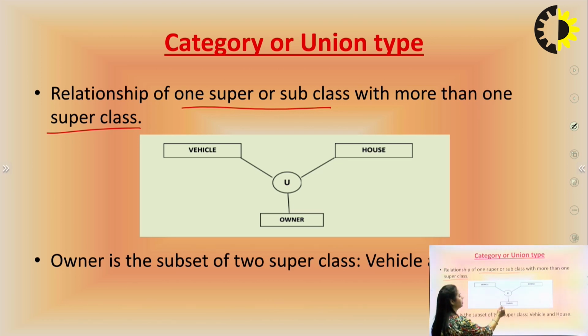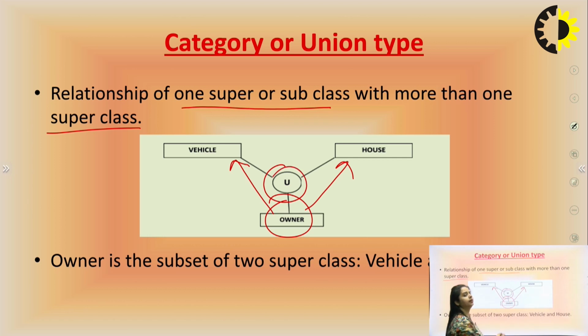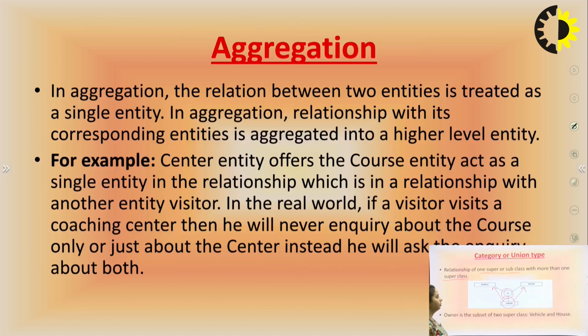So we can see clearly in the example, an owner may be of a vehicle or maybe of a house. Here all three are different superclasses, and we are getting a union here to combine them to get their data combinedly. So this is the concept of category or union.